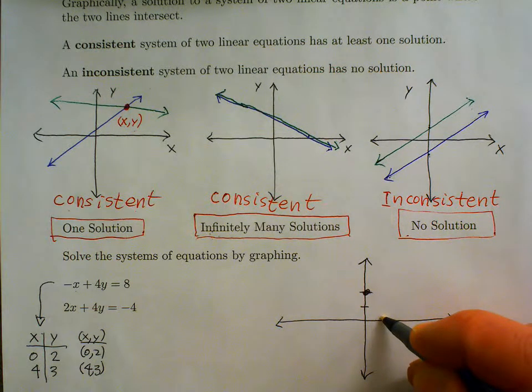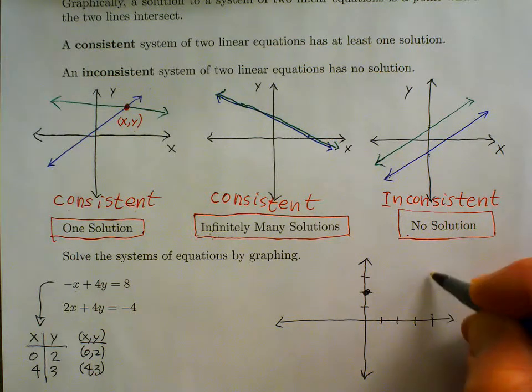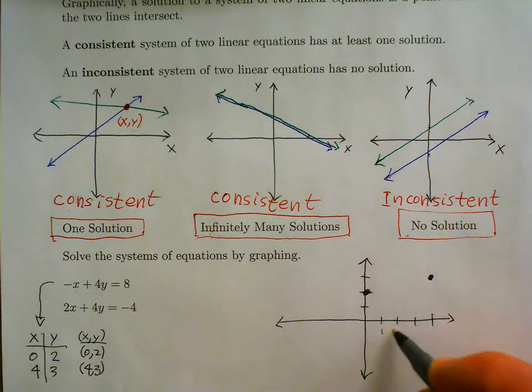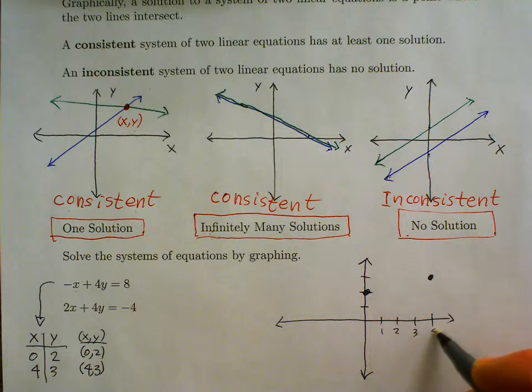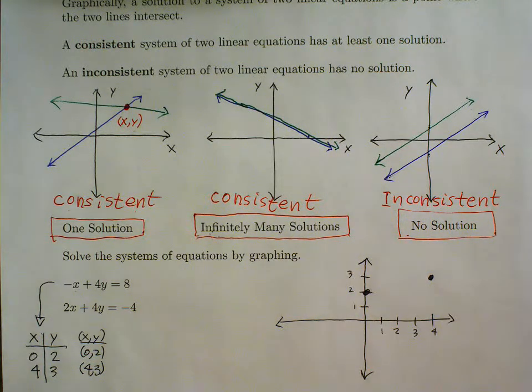So I'll go ahead and plot that point. So this point, 4, 3. I'll label these a little bit later after I graph the other line.